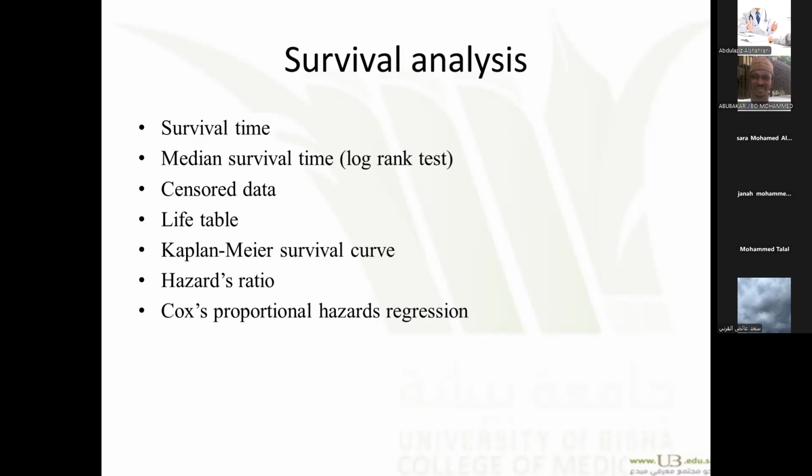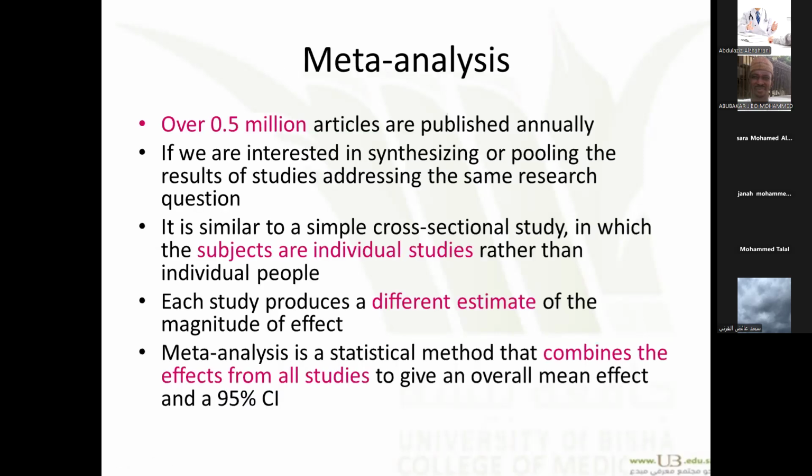Okay, and this could be presented in terms of the Kaplan-Meier survival curve, or calculated based on the hazard ratio, or the Cox proportional hazard ratio. Those of you that have had evidence-based medicine, I think we have discussed survival analysis, which allows us to calculate the median survival time for some interventions. Now, if the study is a meta-analysis, the way you analyze the data is also different.